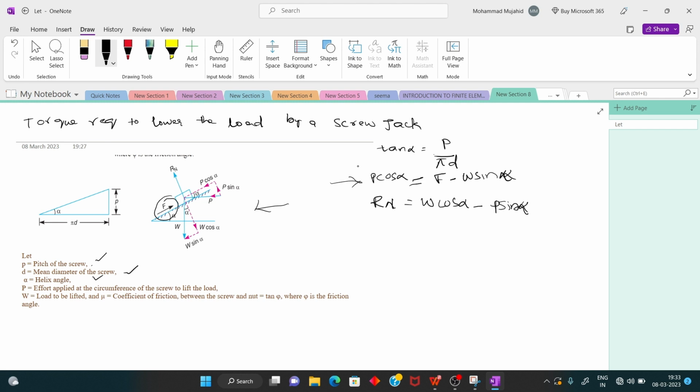Now we are going to substitute this in place of Rn in equation 1.